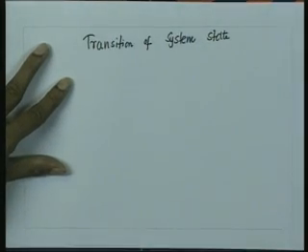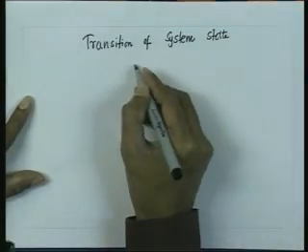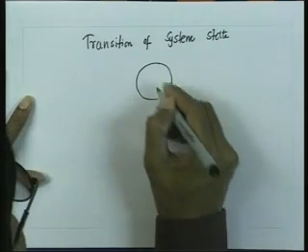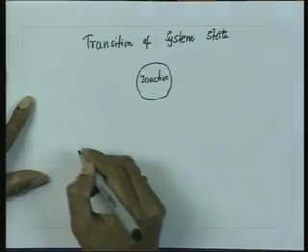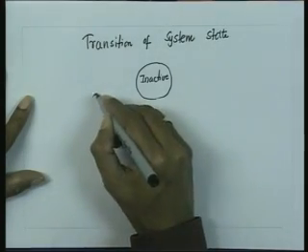So we draw the transitions of the system states as, let us say that you are in an inactive state and a packet arrives.